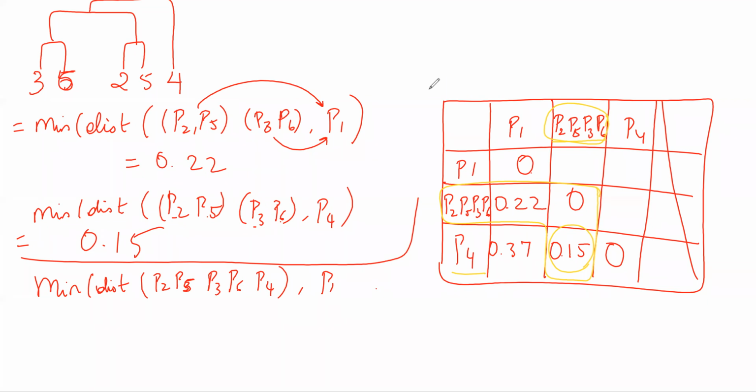Since I already know the value of this part, I'll write it as: identify the minimum distance of P2, P5, P3, P6 with P1, because I know that value. Okay, so I can take that value, it is 0.22. Again, take one more, that is P4 to P1.